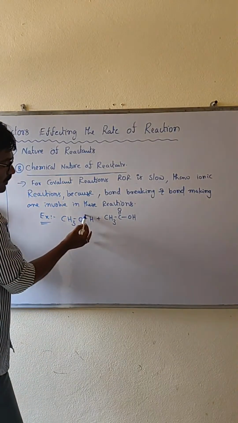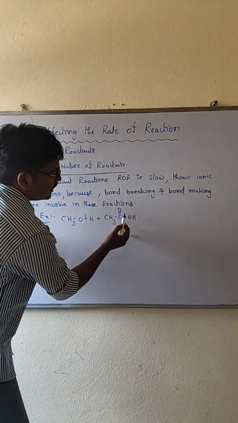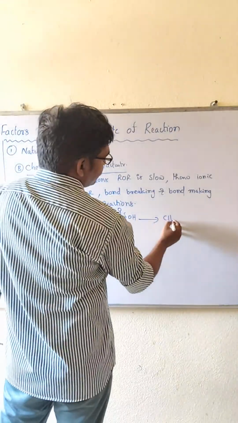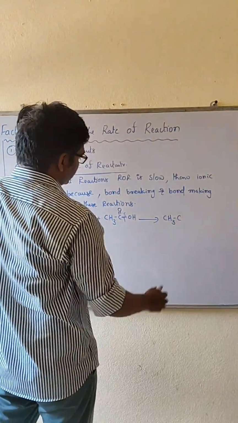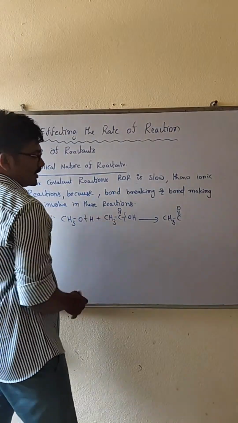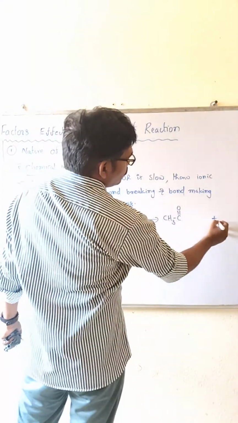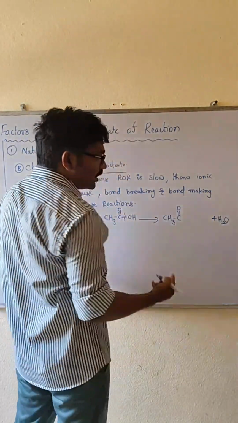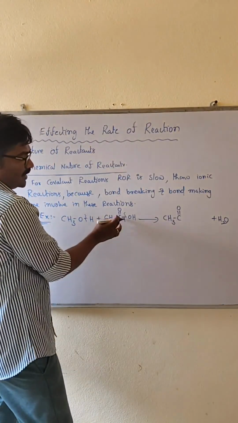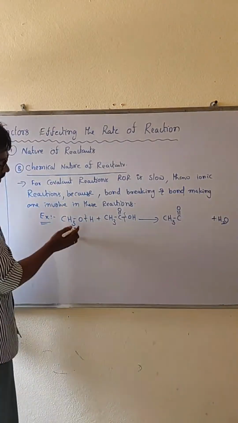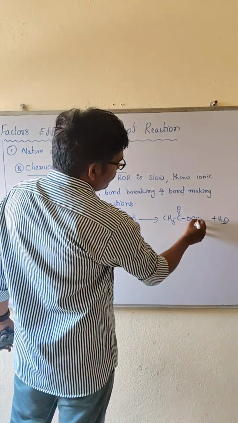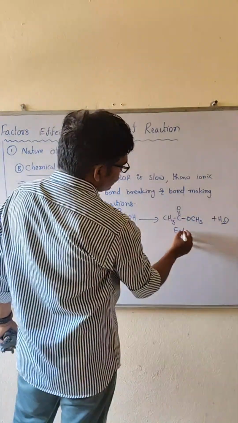Here bond breaking is taking place, and even here also bond breaking takes place. Then H attaches with OH, and H2O will be formed. So bond breaking occurs and a new bond is formed. Then C=O is connected with OCH3. Of course, ester formation takes place.